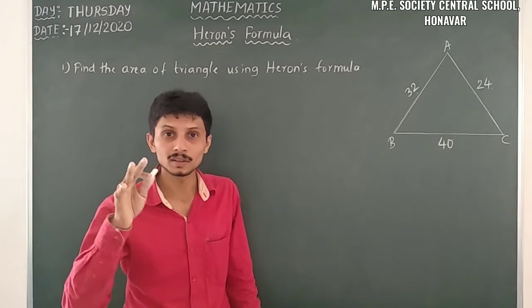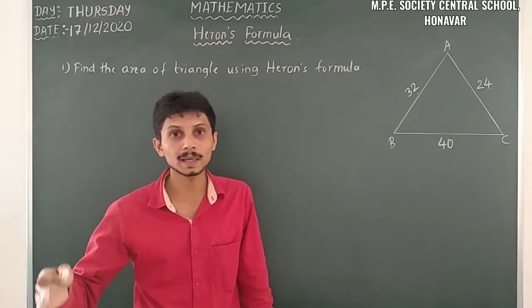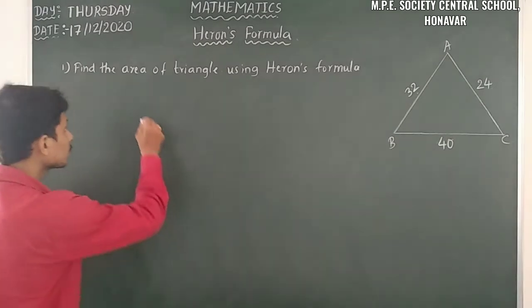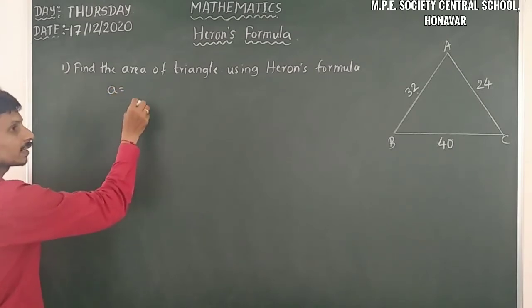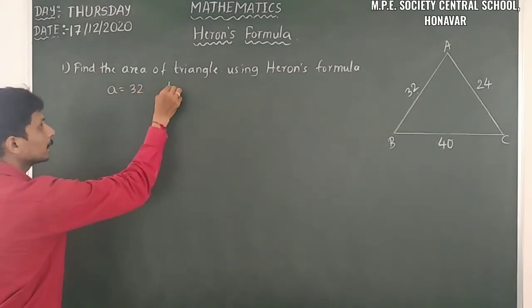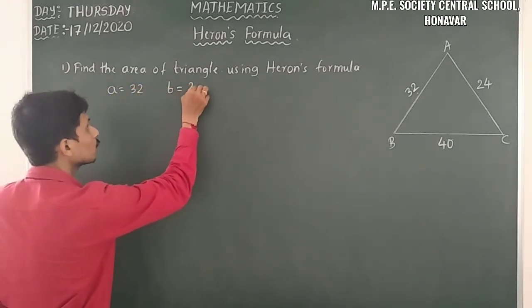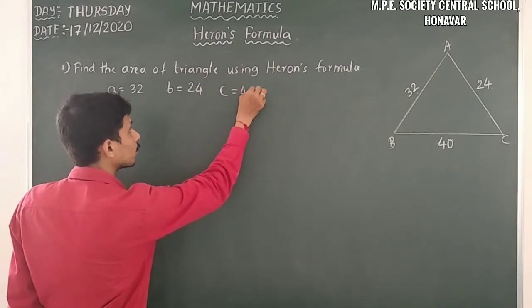Firstly we have to write the values of A, B and C. From the triangle, A is equal to 32, B is equal to 24, and C we can take as 40.